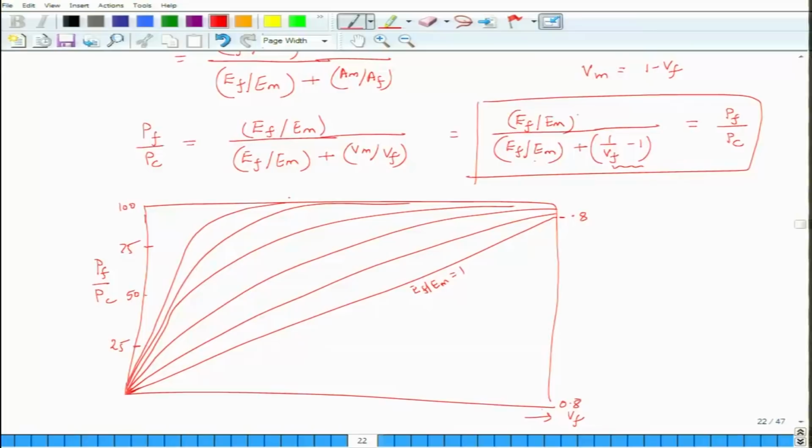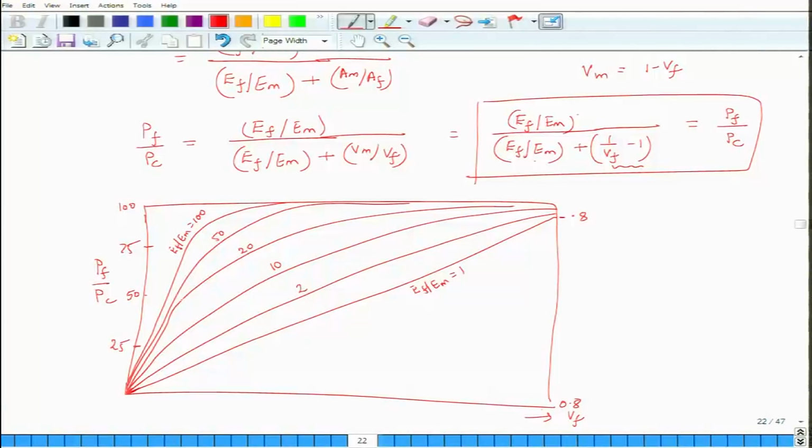So, it goes like this. Maybe this is EF over EM equals 100, this may be 50, this may be 20, this may be 10, this may be 2, this may be 1. What this picture shows is that if I increase the stiffness of my fiber relative to matrix, then I do not need a lot of fiber to bear most of the load, right.